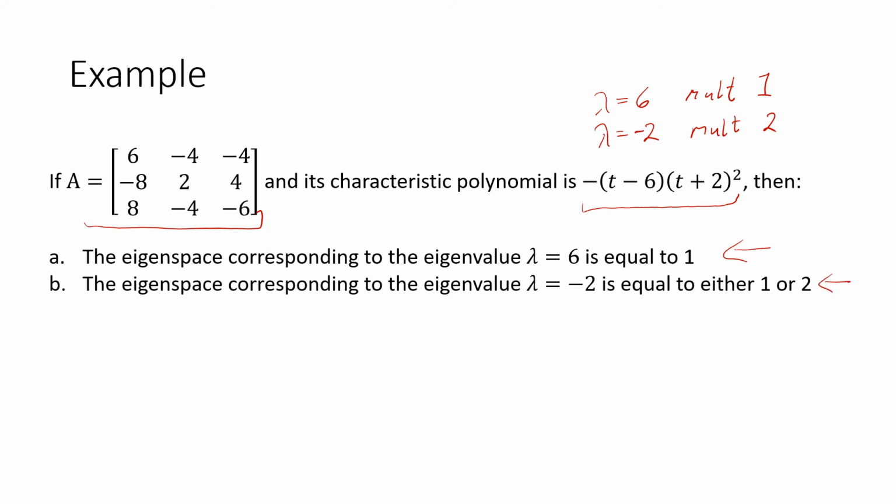Well, what the theorem says is that it's at most 2. So you might get one vector, or you might get two vectors. You can't tell by looking at it, but you will get no more than 2 vectors in the basis. So the first part of theorem 7 tells you the maximum size of an eigenspace associated with an eigenvalue.